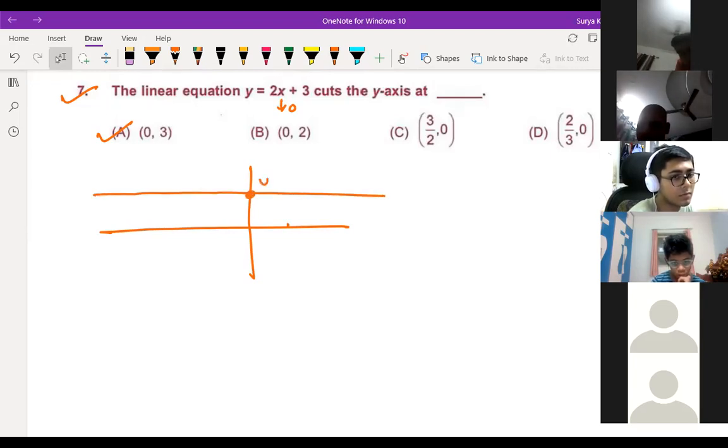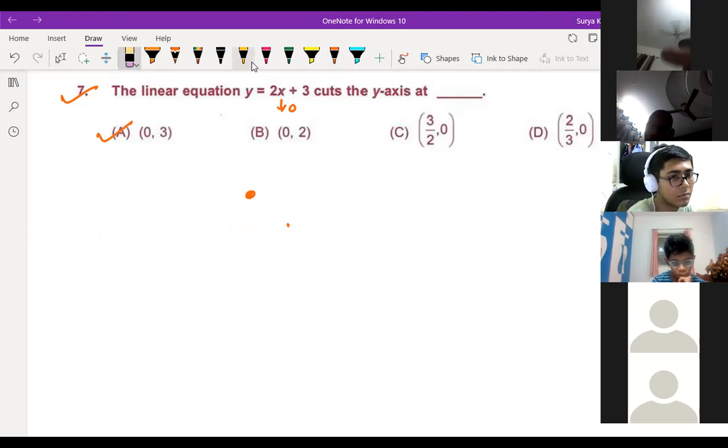We can also get it by putting values. If cutting the y axis, then x is equal to 0. If cutting the x axis, then y is equal to 0. Remember that.